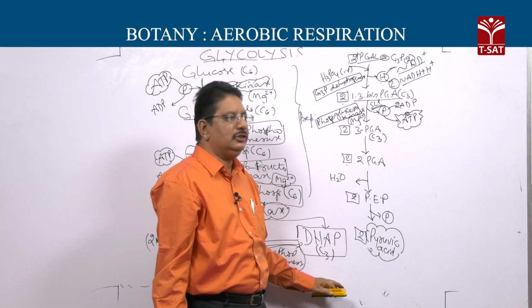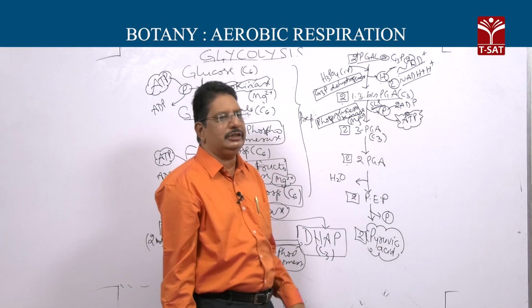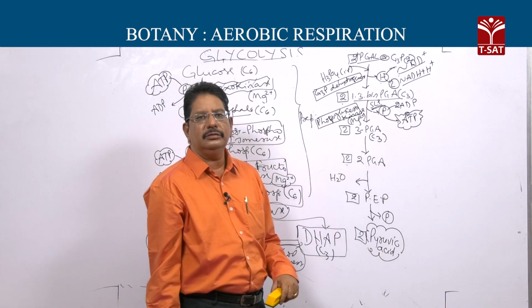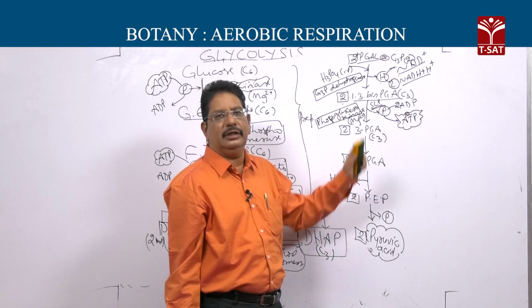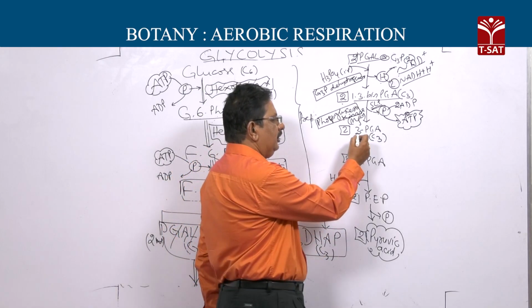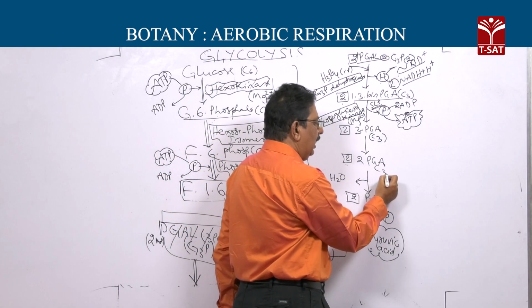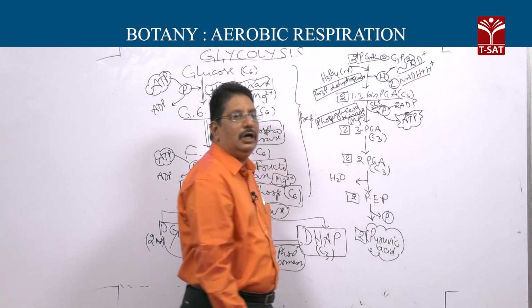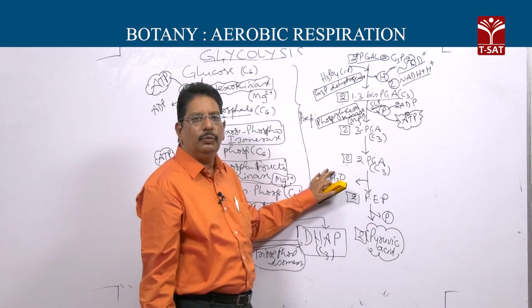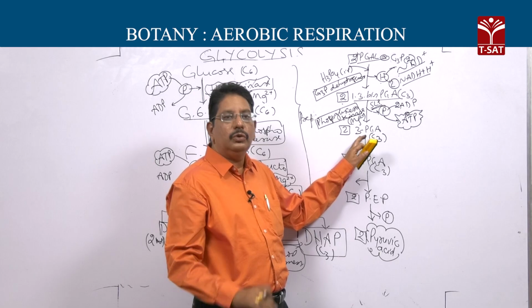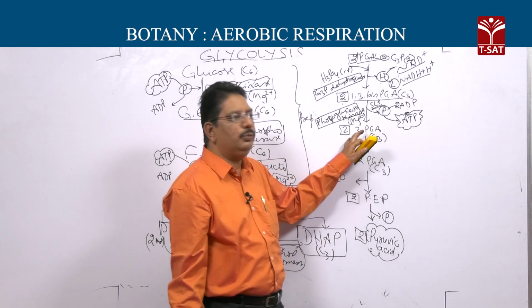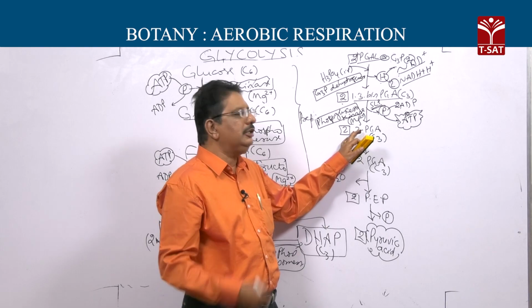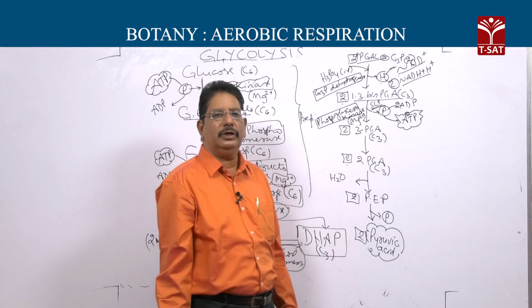So, in glycolysis, the first SLP step is mediated by phosphoglycerokinase. And 3-PGA now converts into another intermediate called 2-PGA, where there is only a group transfer. The third carbon of PGA is now with phosphate, which is shifted to the second carbon.